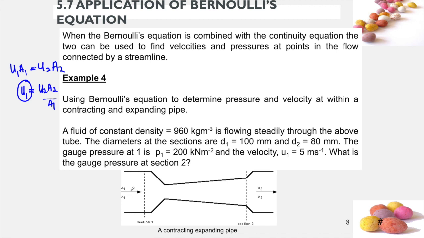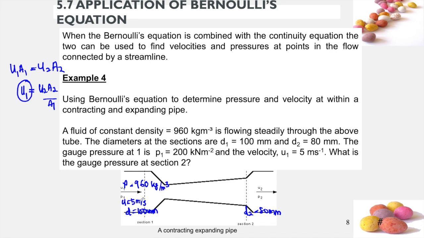The gauge pressure at 1 is 200 kilonewton per meter square, and the velocity is 5 meter per second. So we have here velocity is 5 meter per second, and then we have density 960 kilogram per meter cubed. And then diameter 1 is 100 mm, and diameter 2 is 80 mm.